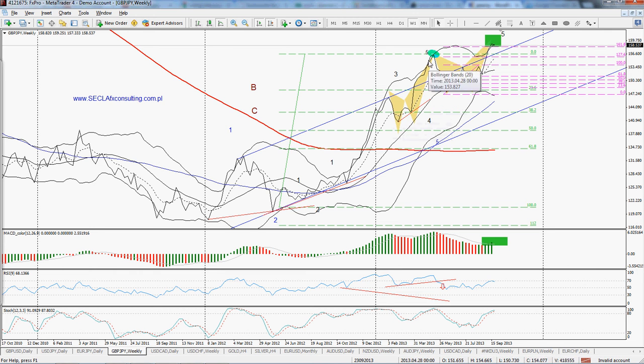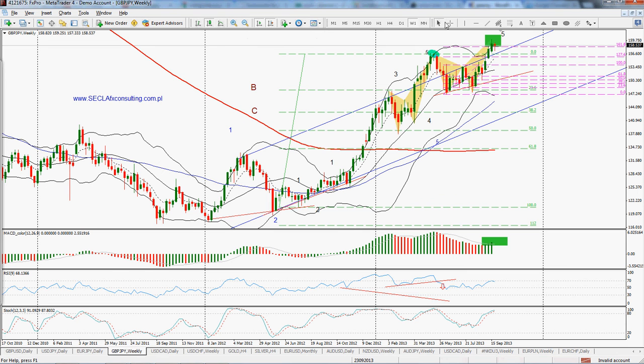There is this support line, and there is another support line here, and the breakout of this support line sometimes is even stronger, even more reliable. But it takes longer. This is one thing, especially on the weekly chart.